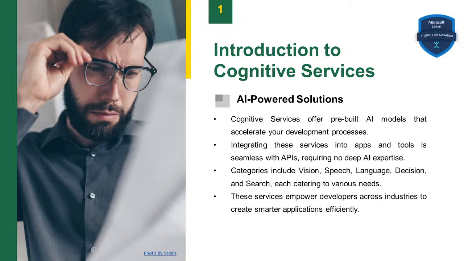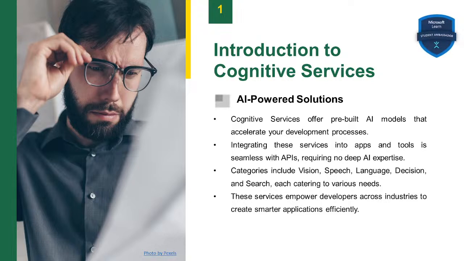Cognitive services remove the complexity of building AI models from scratch by providing easy to use APIs that developers can integrate directly into their apps. This empowers organizations to leverage AI technology without needing deep expertise in machine learning or AI development.